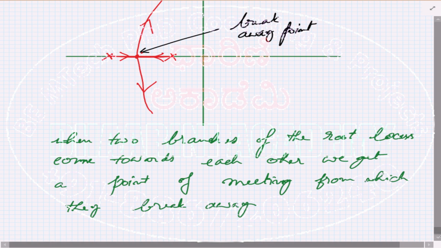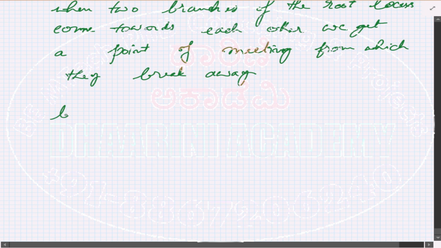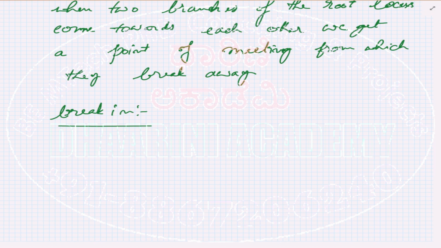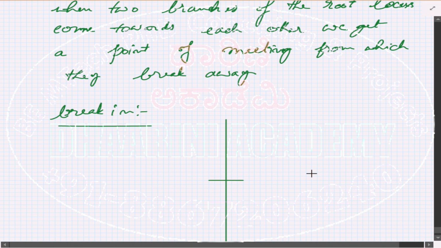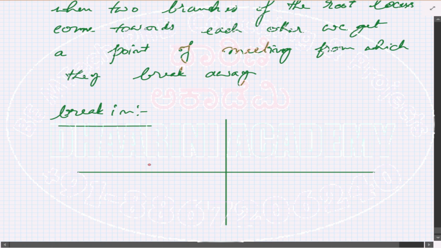Okay, yeah. Now we'll see the other scenario, that is a break in. Right. When you have two zeros, we expect that the two branches that come towards the zeros might come and meet at a common point between them, right?